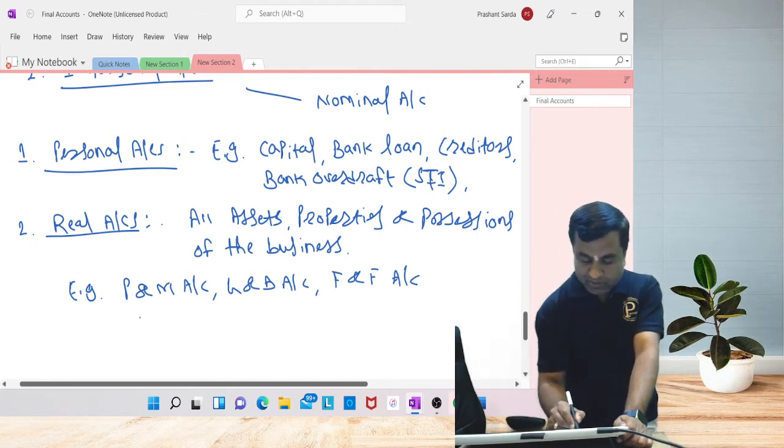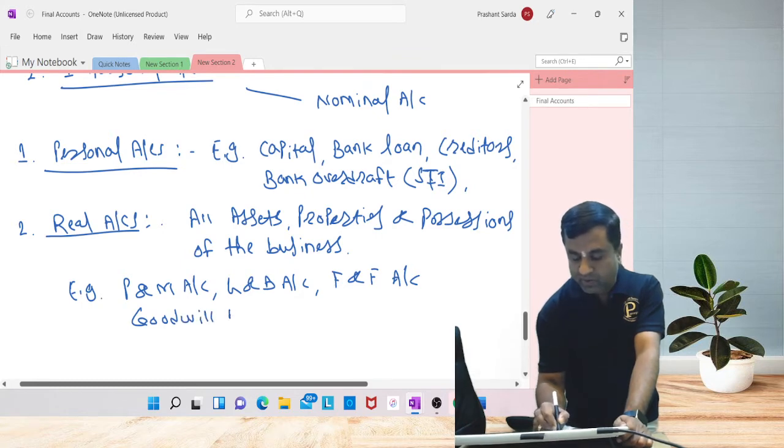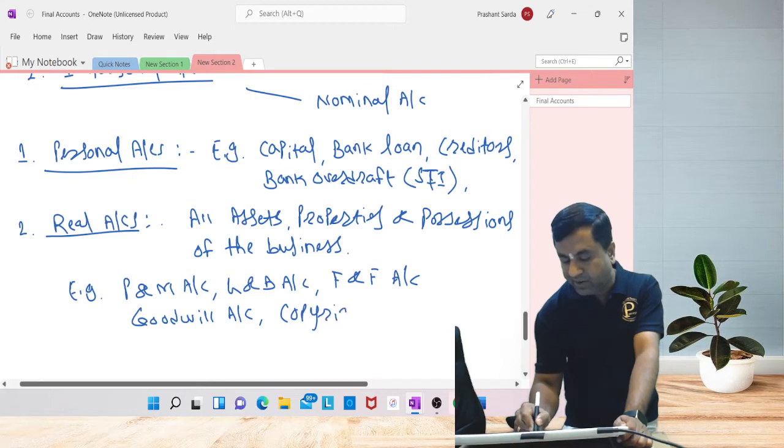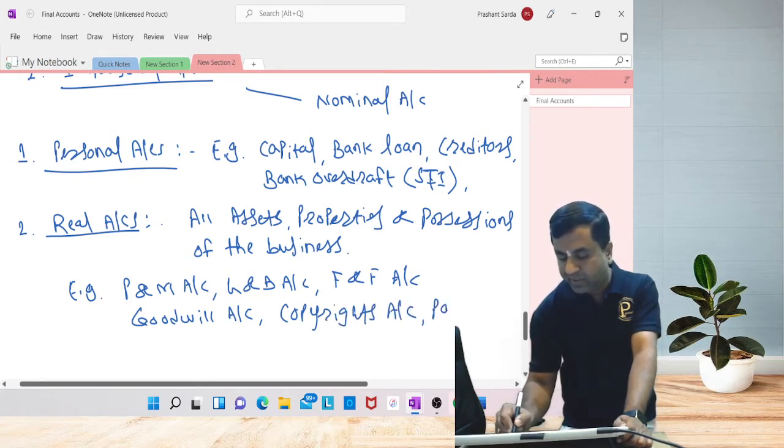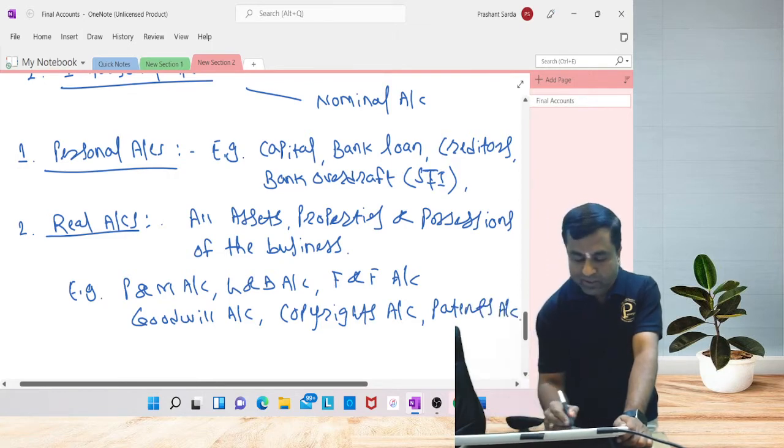These are tangible. Let's go for intangible, that is goodwill account, copyrights account, patents account, trademarks account. All these are also real accounts. A very simple rule here, that is all assets, properties and possessions are real accounts. Patents and trademarks, I must write down the intangible assets there. Tangible we usually identify quite easily.